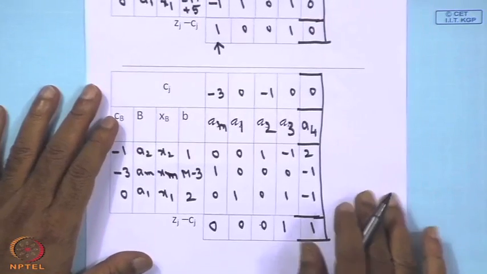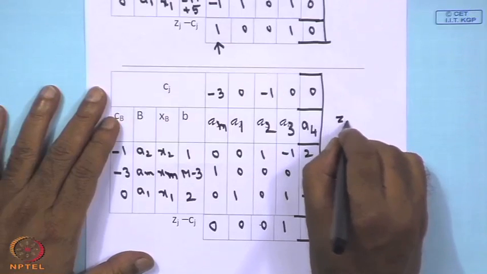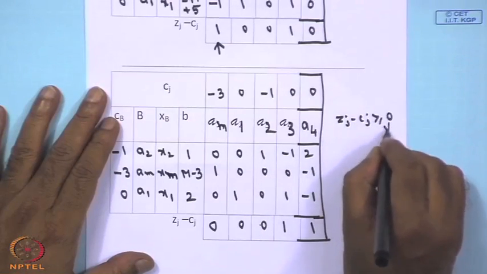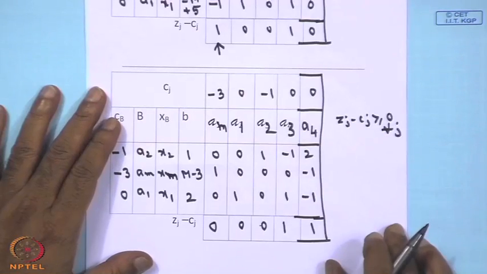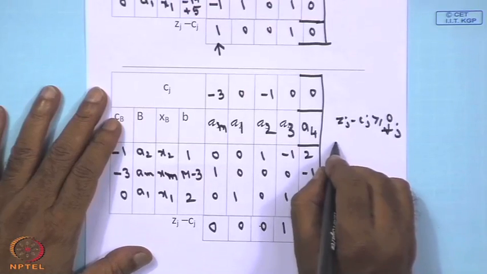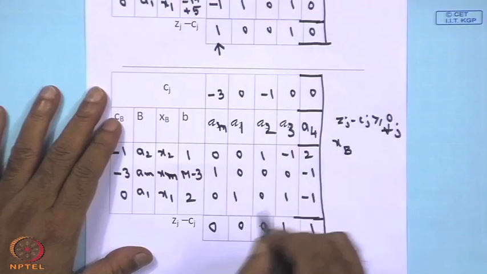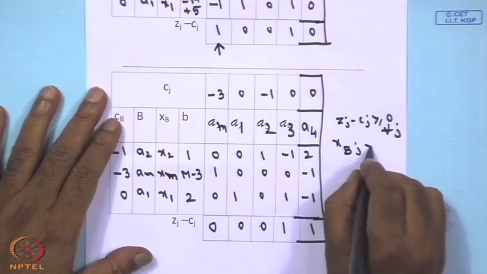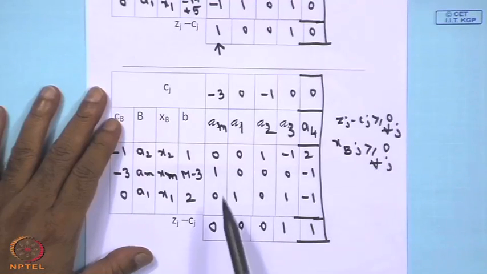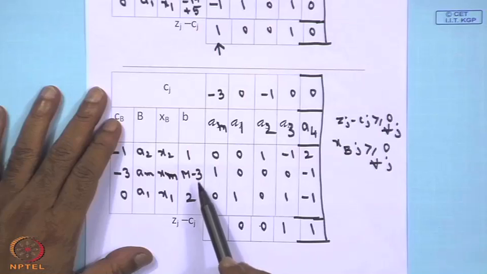Now, here you see z j minus c j is greater than or equal to 0 for all j, and also if you see the x b, your x b j is also greater than or equal to 0 for all j. Your x b j means it is 1, m minus 3 and 2.